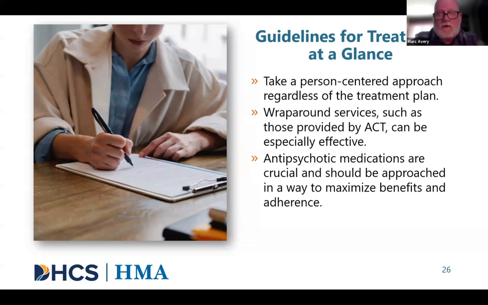Especially with complex conditions such as schizophrenia, think about that care as wraparound style care that addresses all of the person's critical needs, not just this, not just that, but helping to keep an eye on the prize of the person's long-term recovery and designing the care plan accordingly.